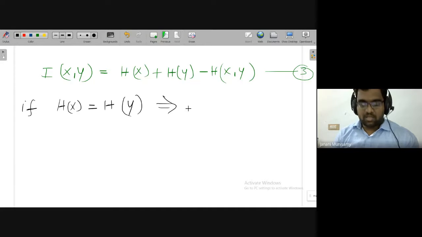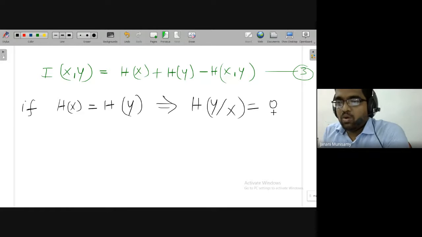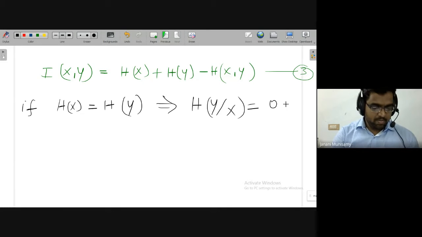By using all these 3 formulas, you can understand h of y given x is equal to 0. What is the uncertainty in y given x? That is 0. Why? Because both are the same. If both are the same, definitely there is no uncertainty. So if you measure the uncertainty, that will be 0. h of y given x is equal to 0. This is all about the mutual information.